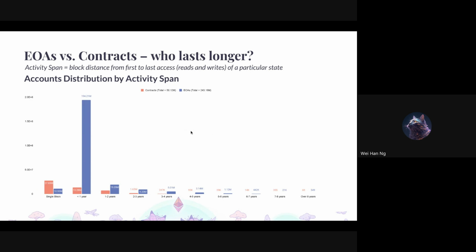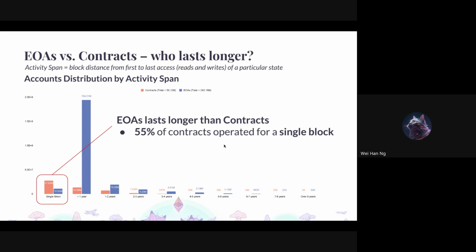Looking at the first graph, we are looking at the accounts. The first result, the conclusion, is that EOAs definitely last longer than contracts. As you can see, 55% of the contracts operate for only a single block. That's interesting.